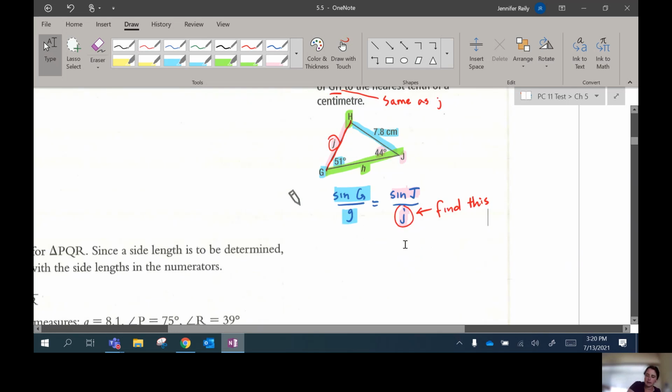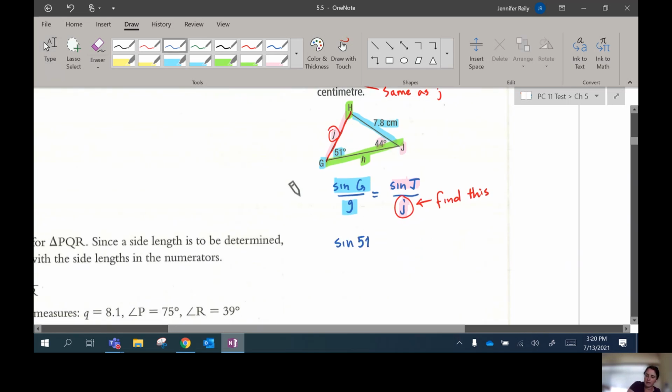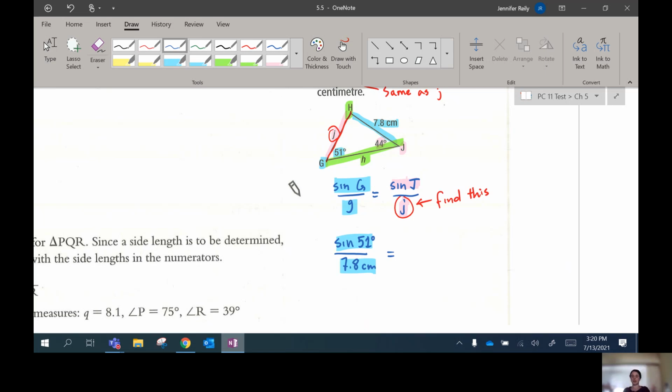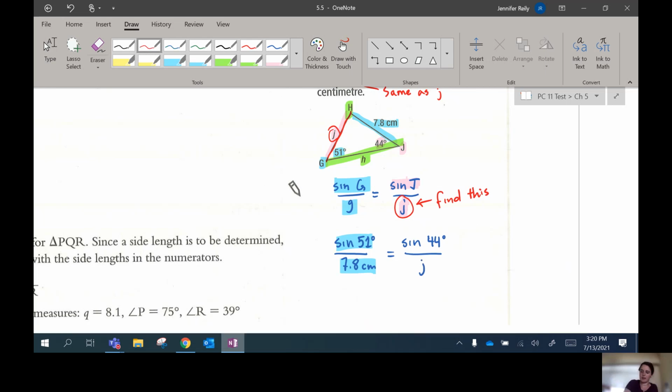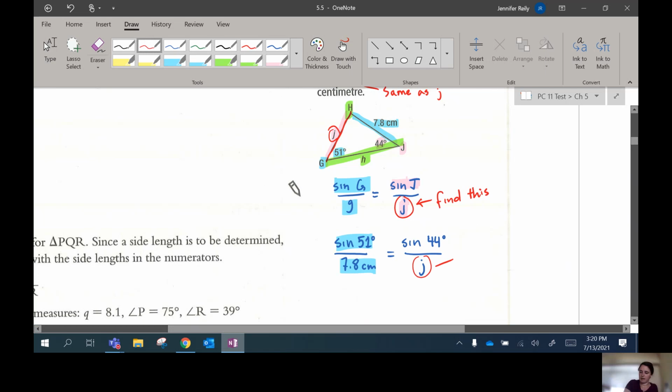Angle G is the sine of 51 degrees divided by 7.8 centimeters equals, so that's the blue ones. Now again, we're not using green here because we don't know anything about the green lengths. So you don't need to use the entire sine law, you just need to use the parts that you do have the information about. And we do know that angle J is 44, but we don't know side length j, that's what we're trying to find.